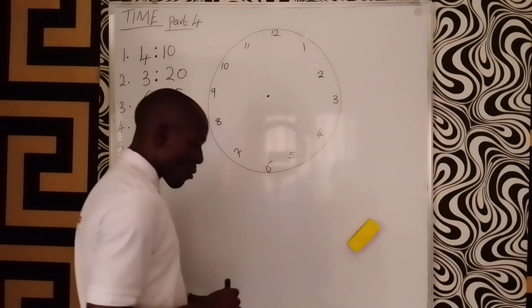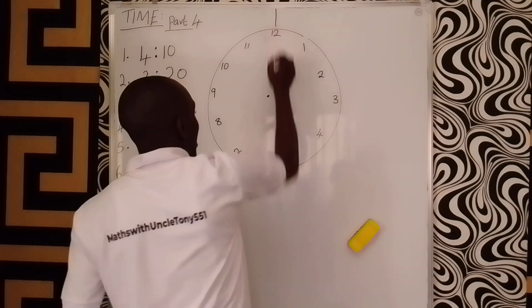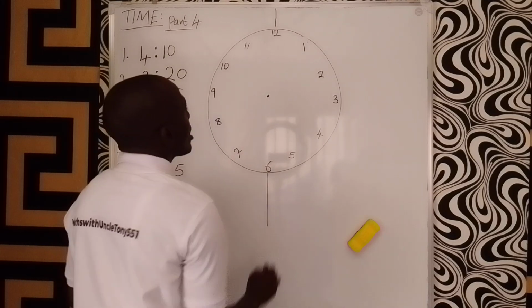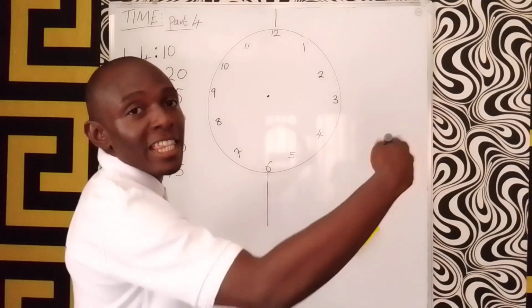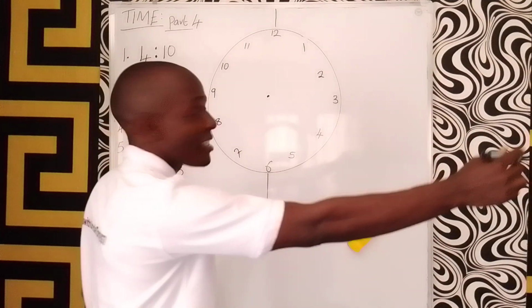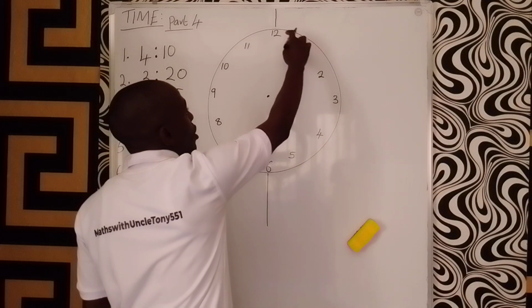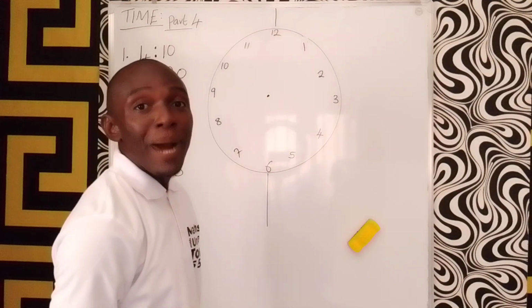Now I want to say something before we move further. In case you're trying to tell time, or your child is trying to tell time, I just made a partition here. Anytime the minute hand is at my right hand side, you say it is past.